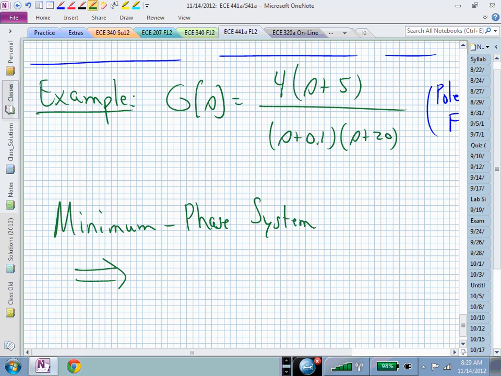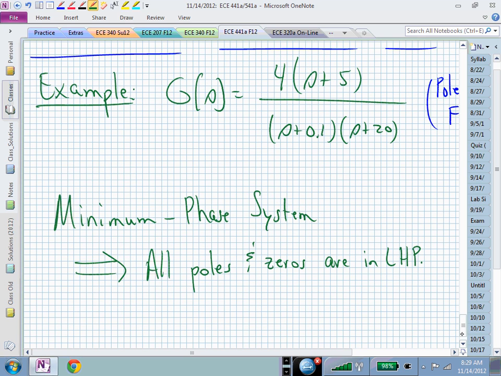Yes, no. A minimum phase system says that all of our poles and all of the zeros live in the left half plane. And when that's the case, that gives rise to minimum phase systems, and the magnitude plot and the phase plot can be looked at in isolation and obtain the same result.